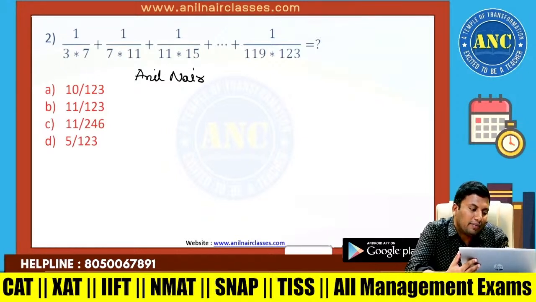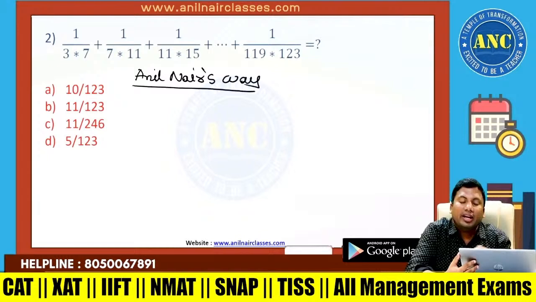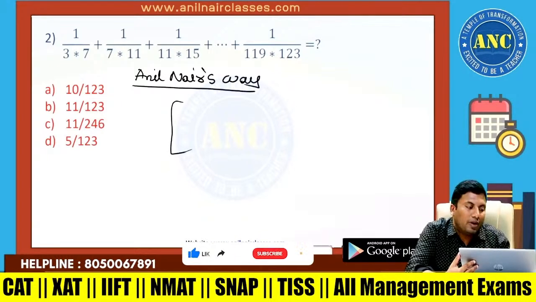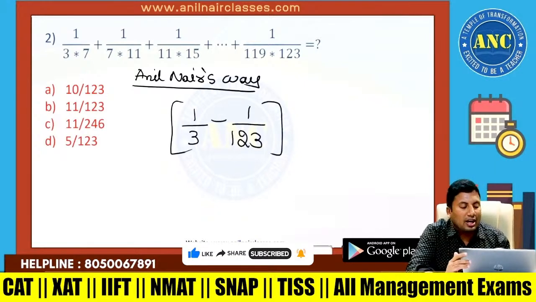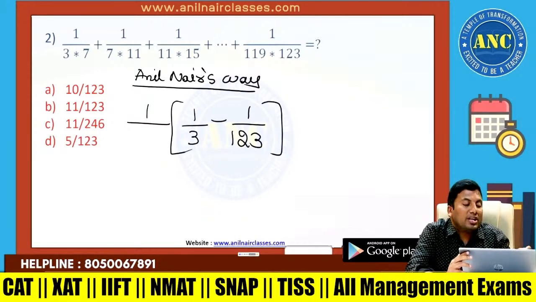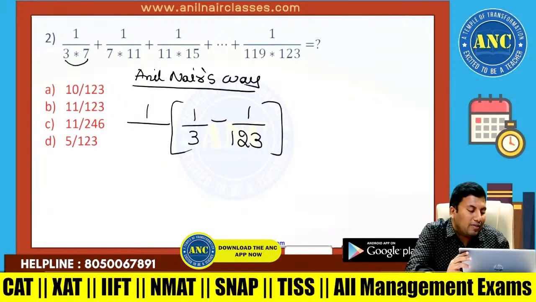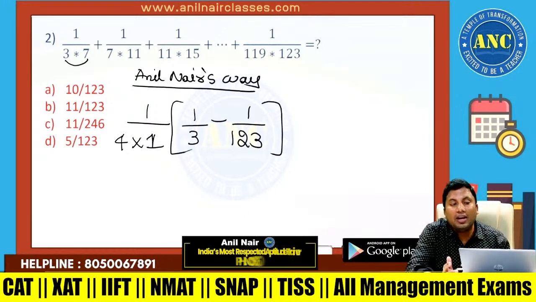If there are 2 numerical values in the denominator, condense it to 1 numerical value. Write down the first and write down the last. 1 by, what is the difference between the 2 numerical values? 4. 2 numerical values are condensed to how many numerical values? 1.